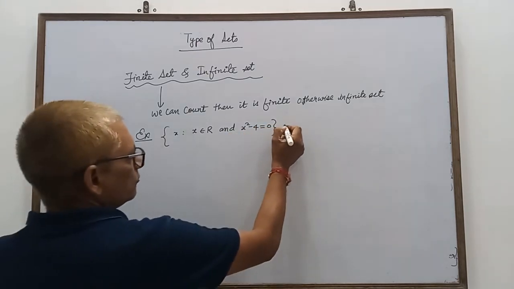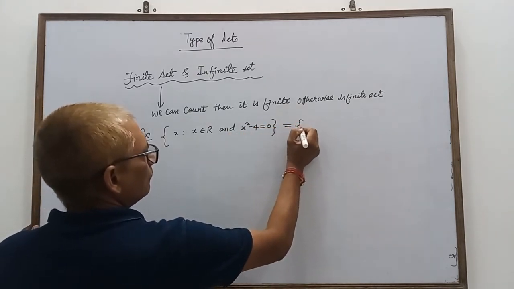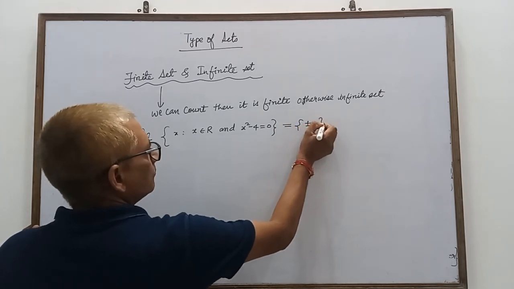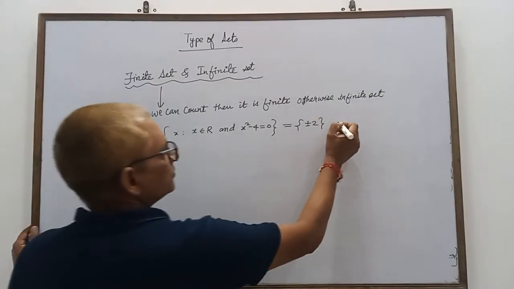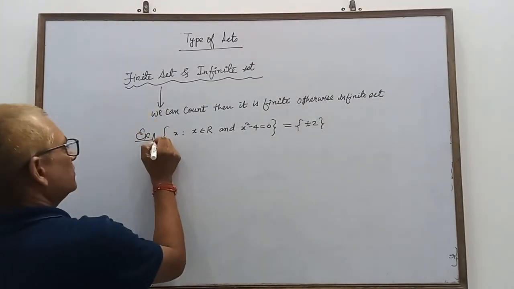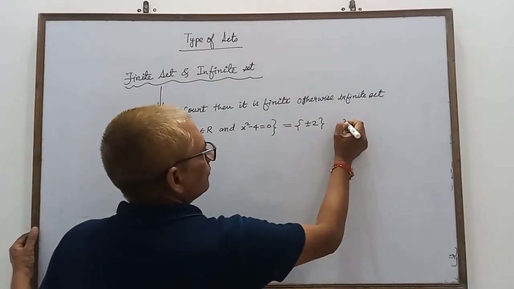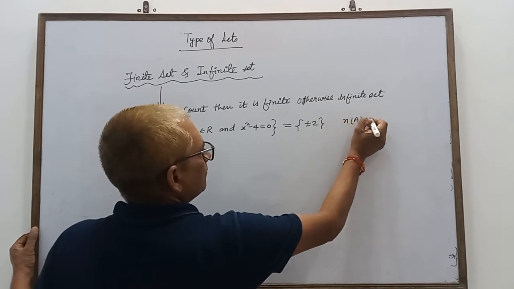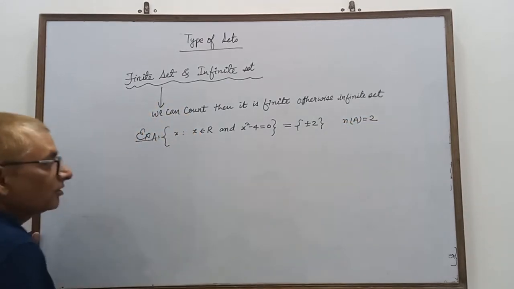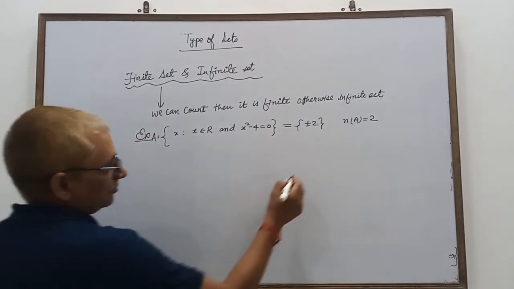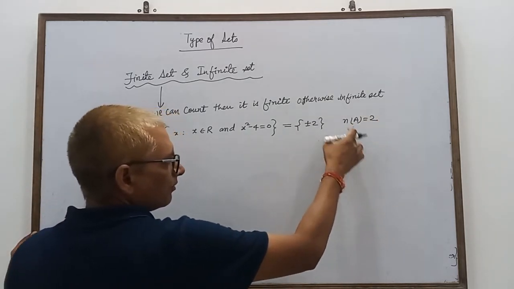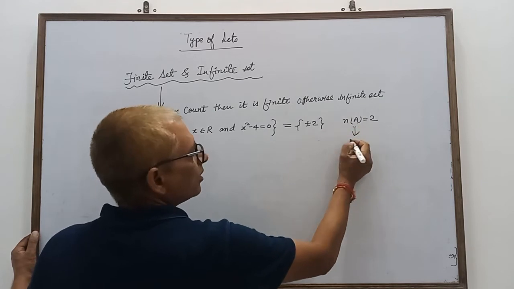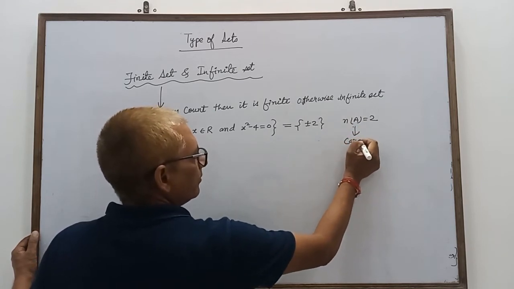So two values are possible, plus or minus 2, and so the number of elements of A is 2. One thing I want to tell you: the number of elements is also called the cardinal number.